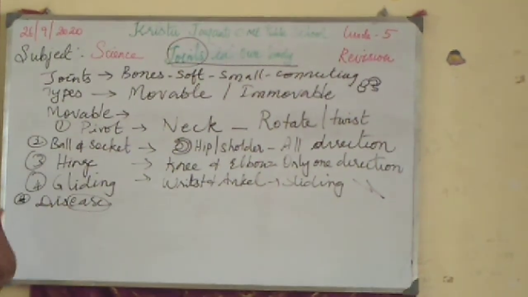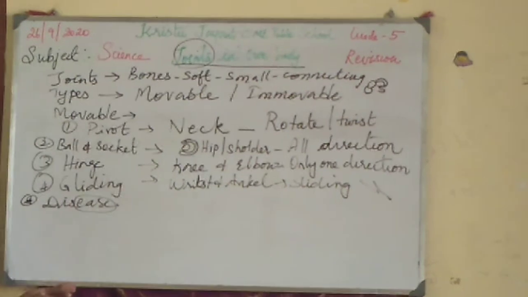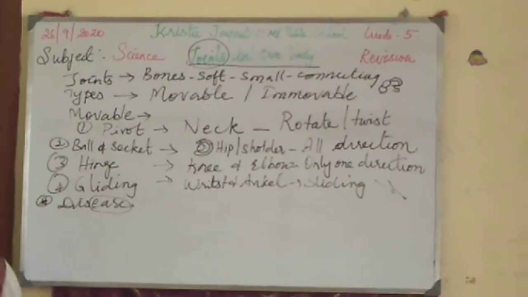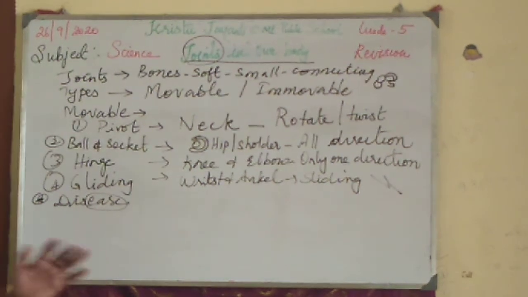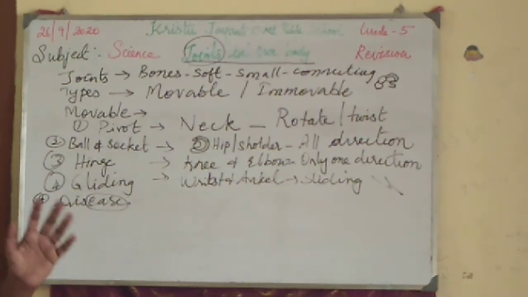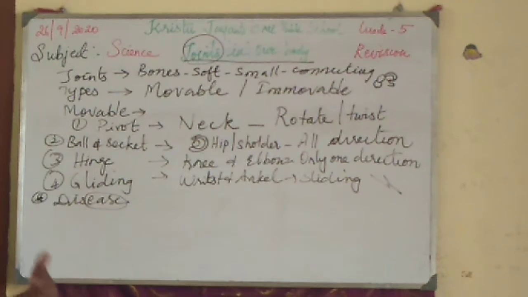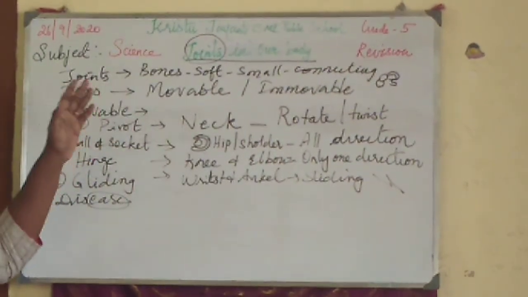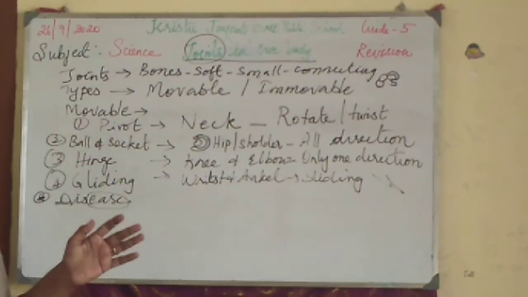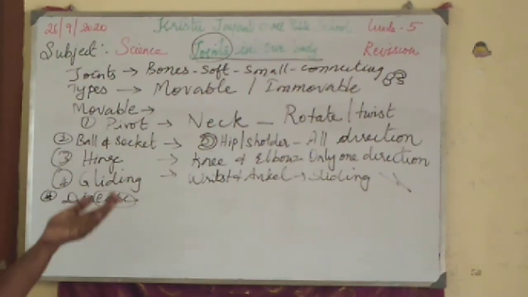So, if our body parts and organs work properly, then we are happy. No problem for us. But if a particular place is not working properly, then we will get some problem, pain. That is called disease. Now in the case of joints, if we are not taking care of our bones, what will happen?